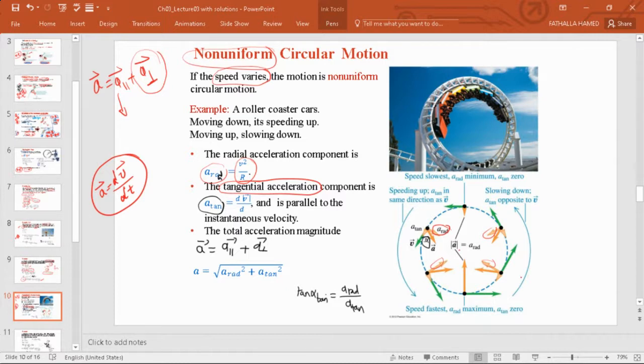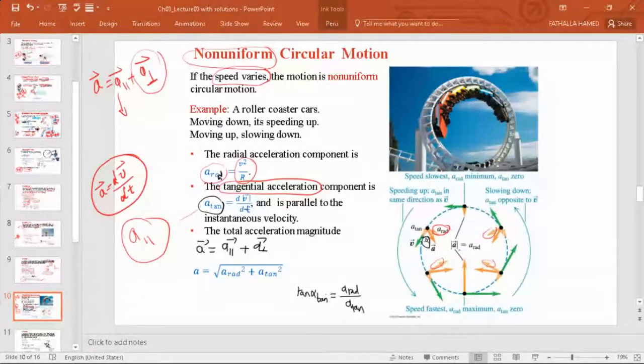So we say A tan, which is equivalent to A parallel. Notice that we're not putting an arrow on top of that; we're just looking at the magnitude. That's why we say it's the derivative of the magnitude of V with respect to t. That's what is going to change the magnitude of your velocity, which is the speed.